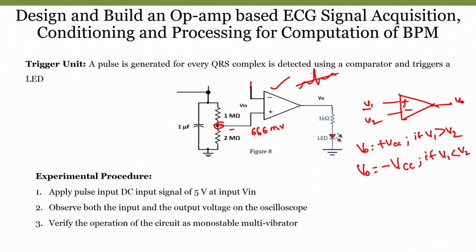We will get a peak only when the input is greater than this value, so when the input signal is greater than 666 millivolt, we will get a peak value pulse. Now, we will see whether we are getting it or not.